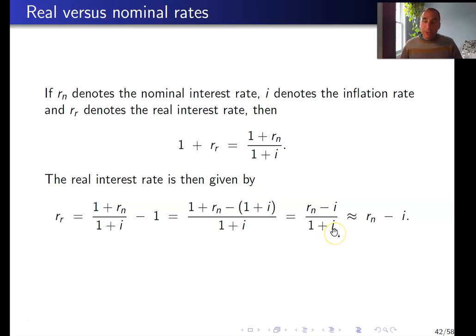But since the inflation rate is generally small over 1 year or over the period we would consider in such an example, the nominal rate minus inflation over 1 plus inflation is approximately equal to the nominal rate minus inflation.